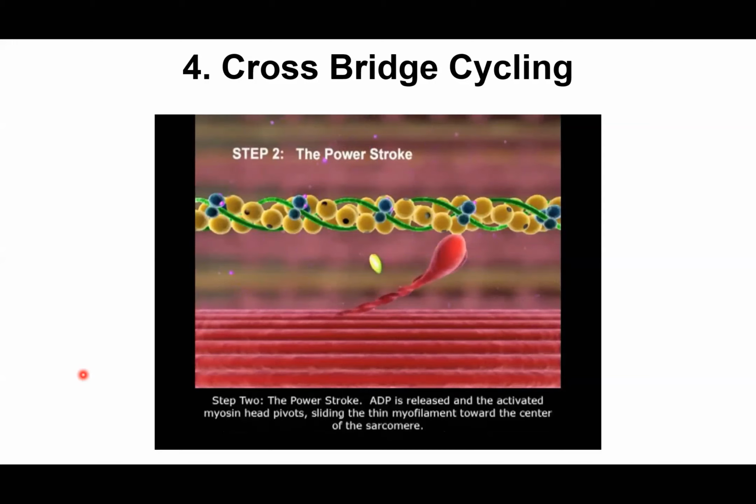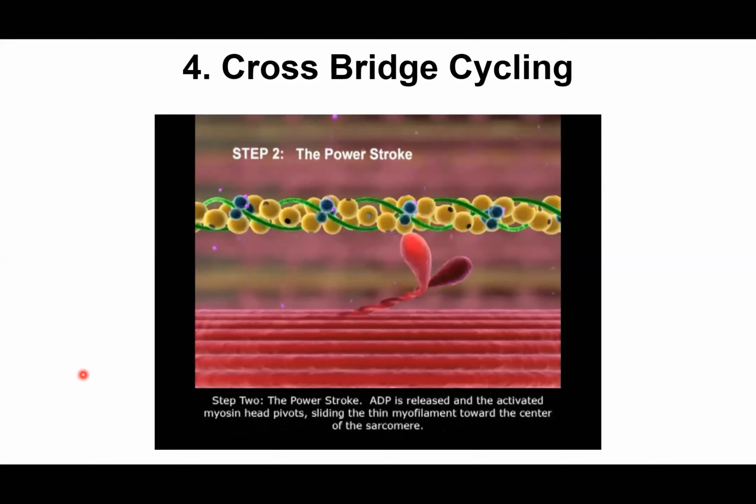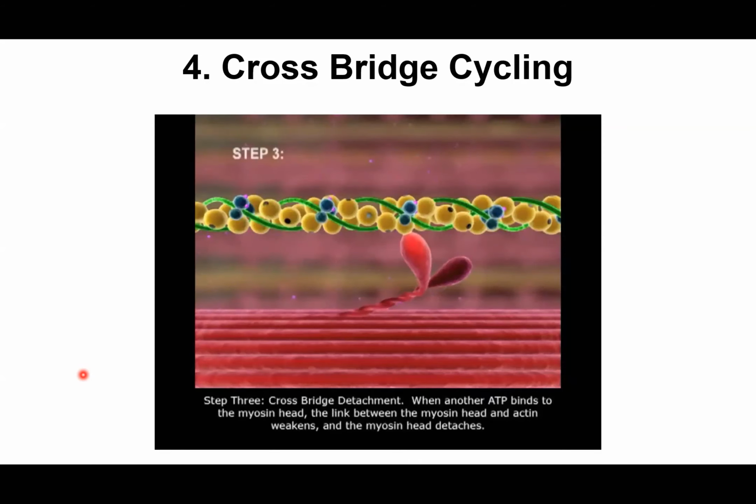ADP is released and the activated myosin head pivots, sliding the thin myofilament toward the center of the sarcomere. Step 3. Cross-bridge detachment. When another ATP binds to the myosin head, the link between the myosin head and actin weakens, and the myosin head detaches.